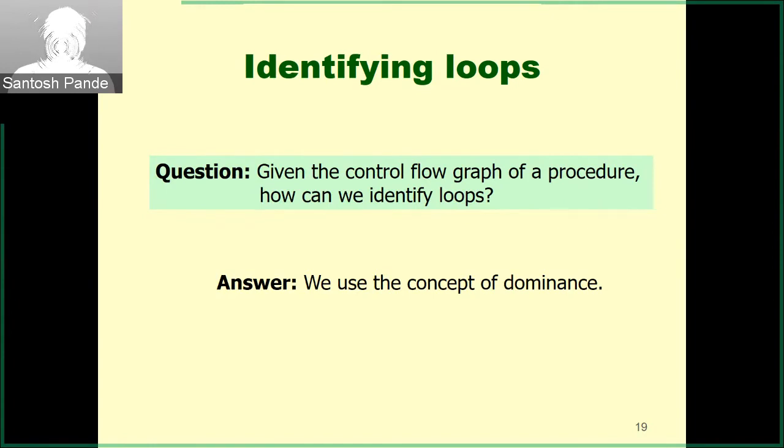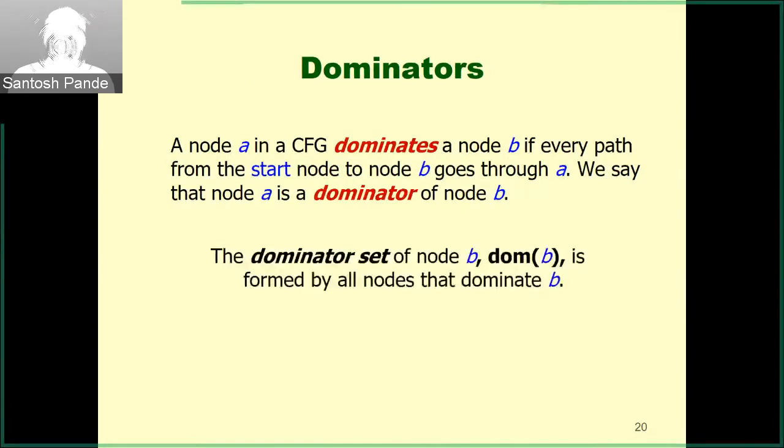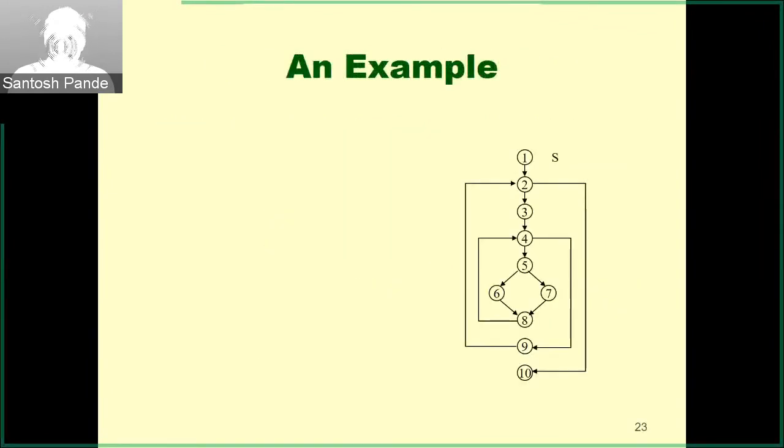So what is exactly a loop? A loop is a structure like this. Let me fast forward a little bit, which is shown over here through this particular diagram. What it is basically is a single entry structure.